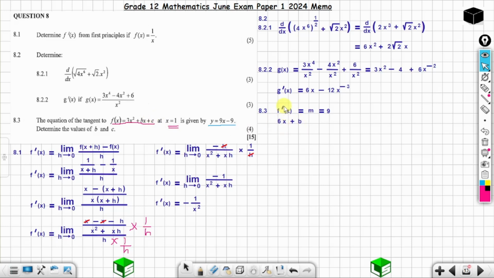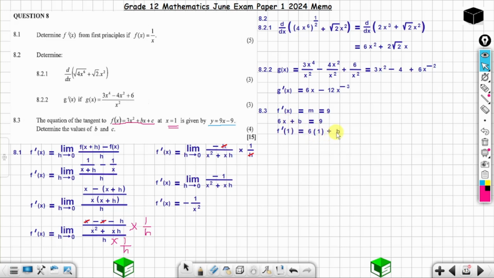So this is f prime of x. This is equal to 9. You have to know that f prime of 1 is equal to 9, because this is the x coordinate of the point of contact. It can be found through this method. So f prime of 1 is equal to 9. So you are going to plug 1 in there.